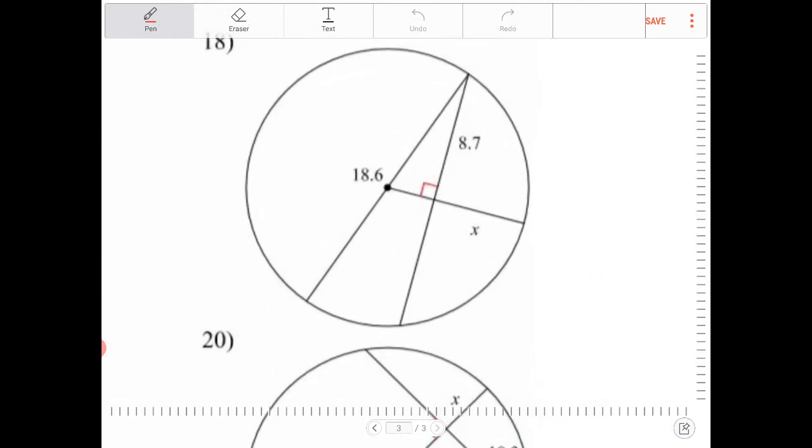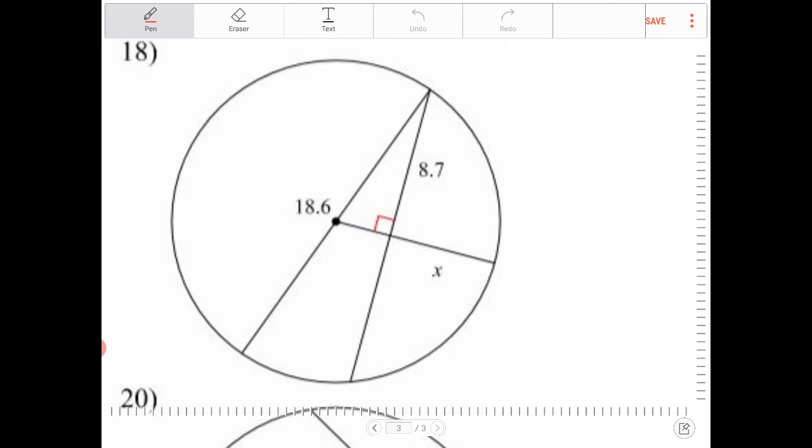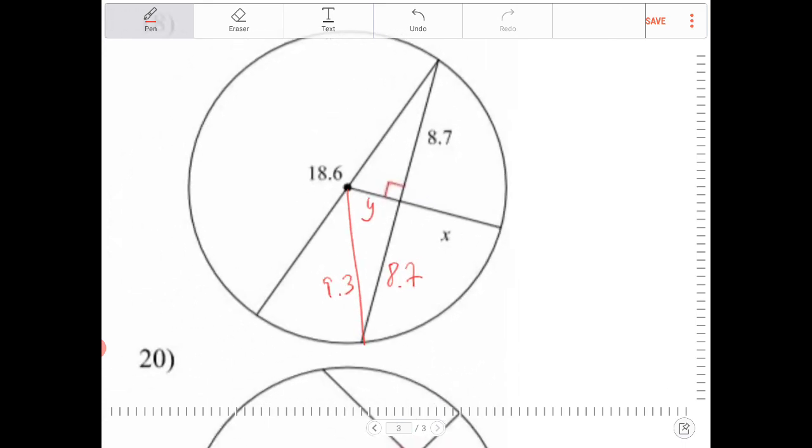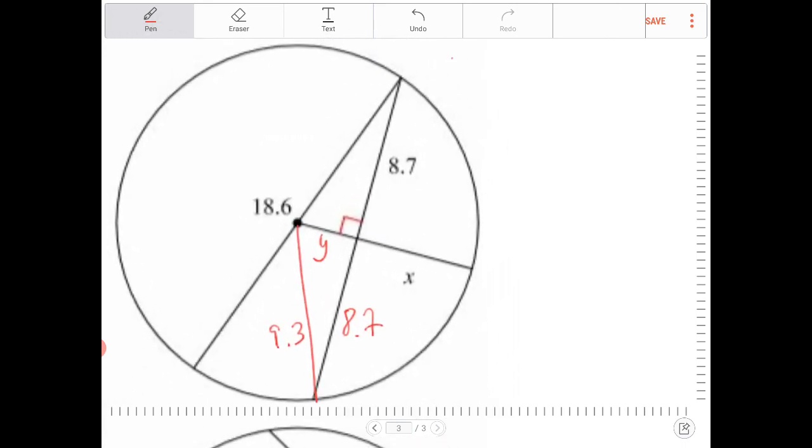Okay, and we're almost there. So 8.7, so therefore this must be 9.3, because the diameter is 18.6, and 8.7 is over here. So I can again solve for y. This is basically the same problem as before. So y squared plus 8.7 squared is equal to 9.3 squared.